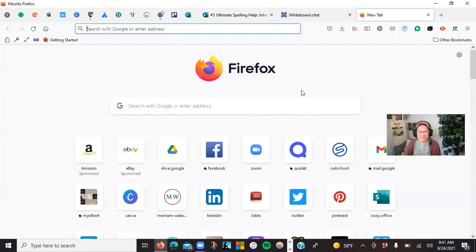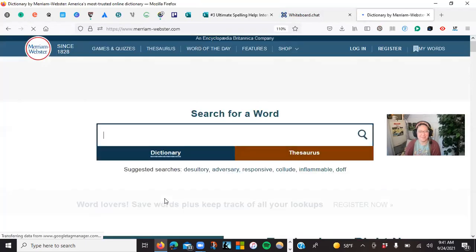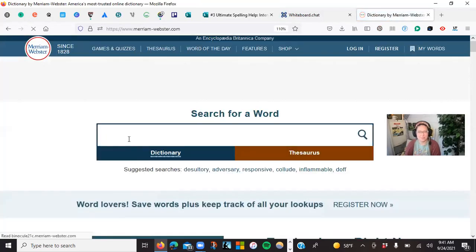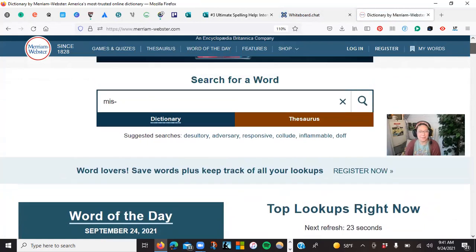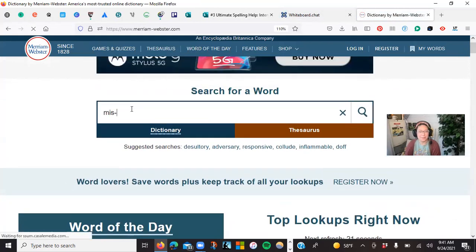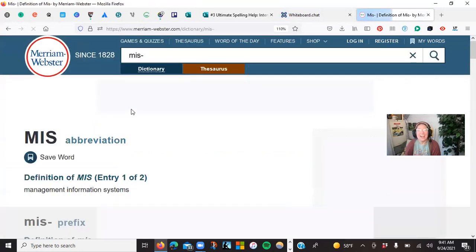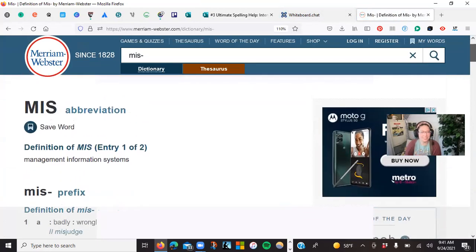So guess what? Let's go to the English dictionary. This is how you look it up. You do MIS dash HAP. Okay, so this is how we look up our prefix.